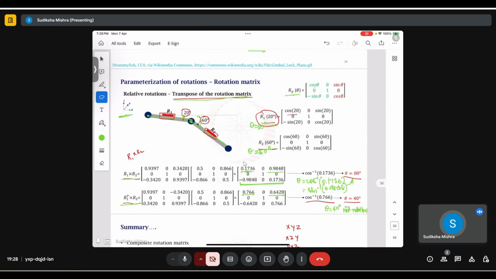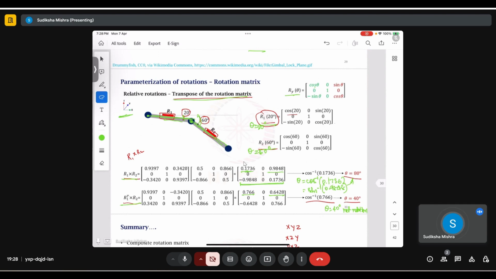Now, suppose there is an arm where the forearm has rotated with an angle of 60 degrees, and the upper arm has rotated at an angle of 20 degrees. To calculate the sum of these two, these are simple angles, 20 and 60, and we know the angles, so it's fine.